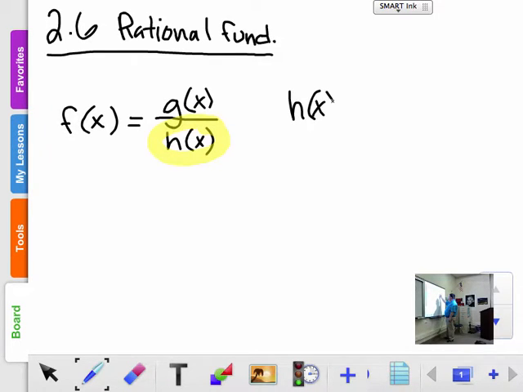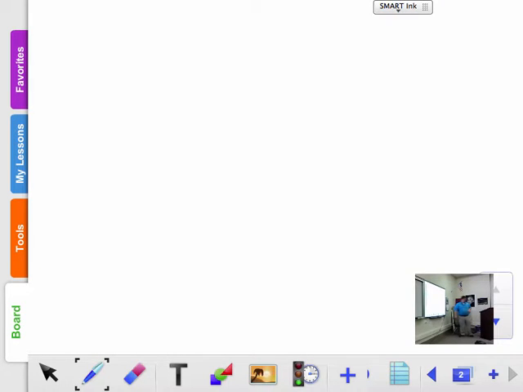H of x can never equal 0 because it's in the denominator, right? So that's one thing we always have to think about. Let's move on to the next slide, and we'll talk a little bit more about it.